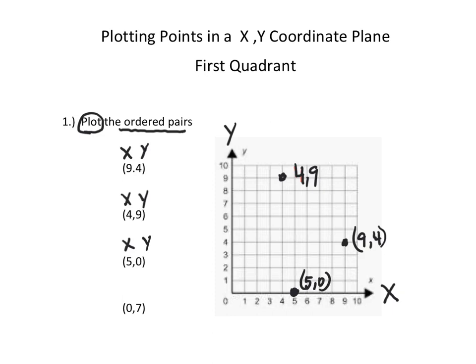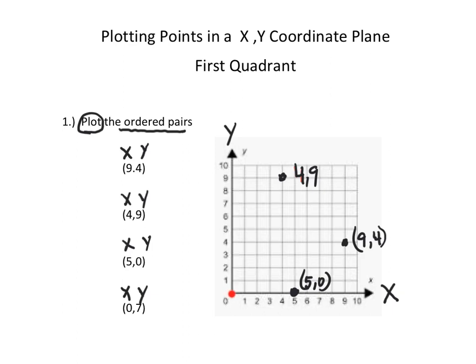And the last ordered pair is 0, 7. The x-coordinate is 0, and the y-coordinate is 7. Since the x-coordinate is 0, I'm not going to go to the right. I'm going to stay right where I'm at.